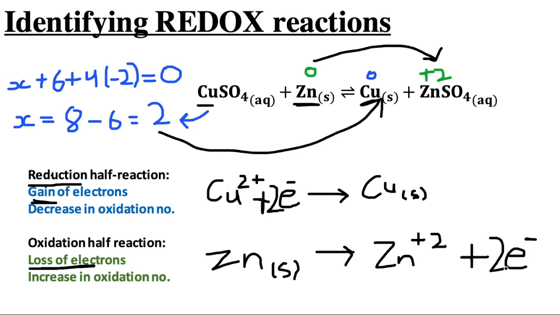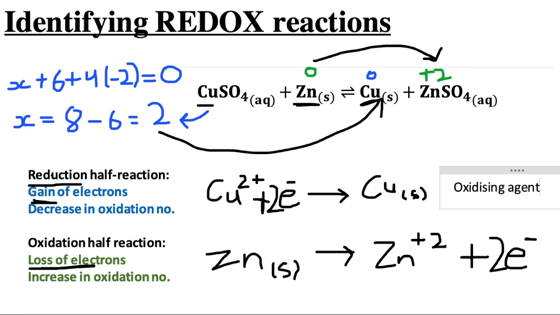So now we will learn about the identification of oxidizing and reducing agents. Copper is where the reduction takes place. We can also say that copper is the oxidizing agent. It is where the reduction takes place, so it is involved in oxidizing other species.